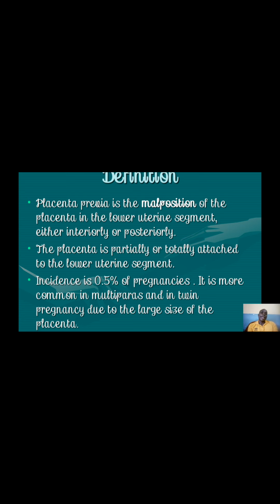Inaweza imejishikiza partially au kabisa, imekava all the lower part of the uterus, and its incidence is about 0.5 percent of pregnancies. Kati ya wanawake 100, asilimia 0.5 ndio watapata placenta previa.